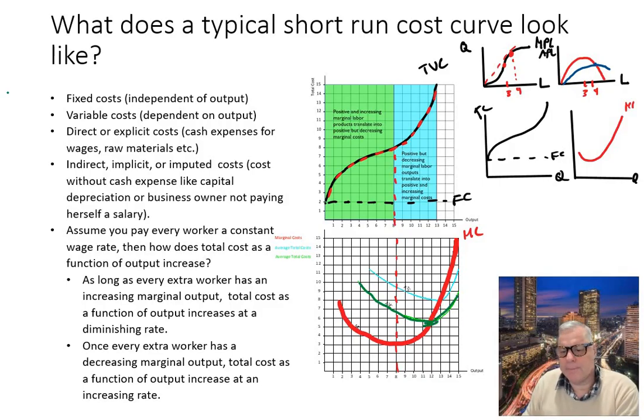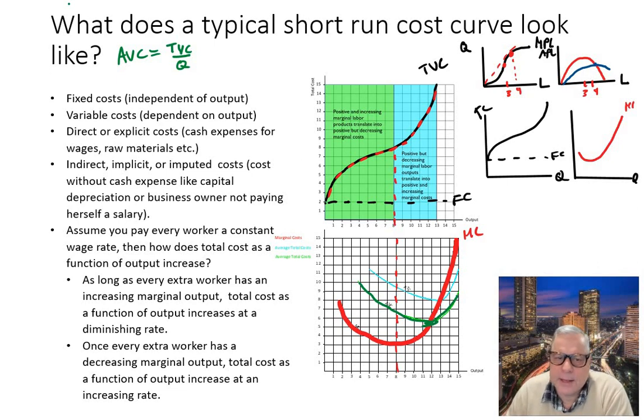So why? What is average variable cost? Well, average variable cost is total variable cost over total output.